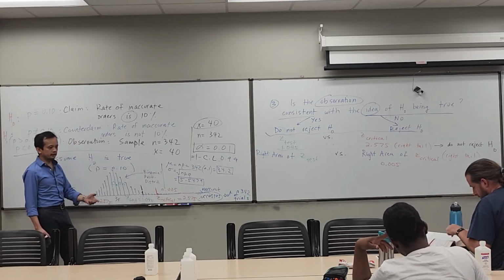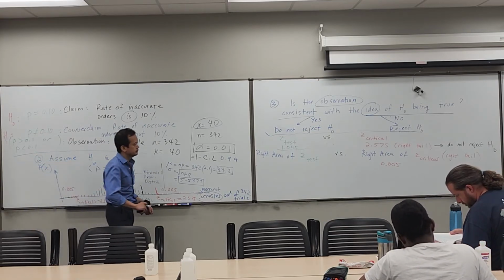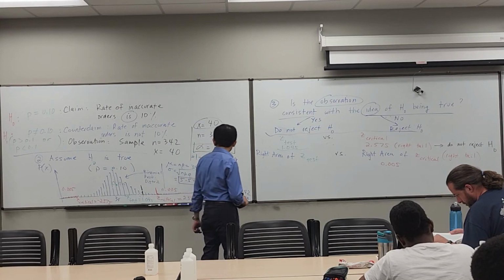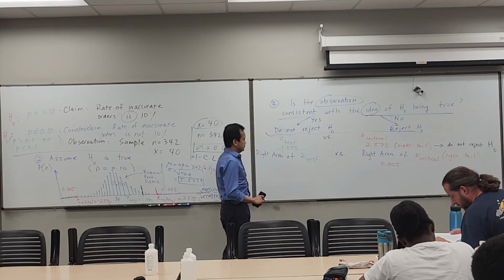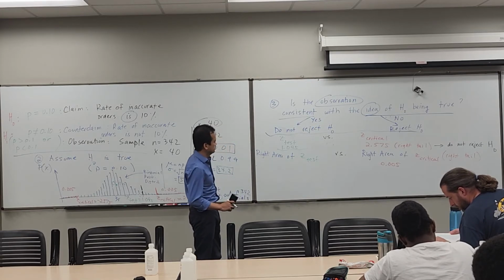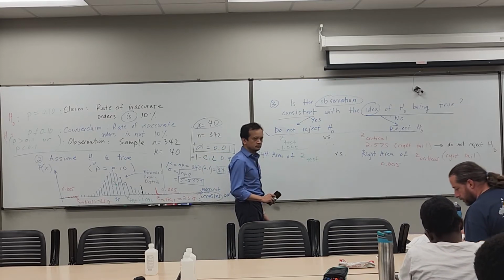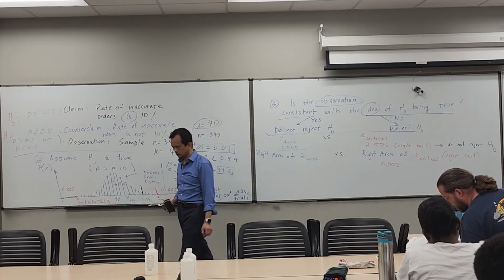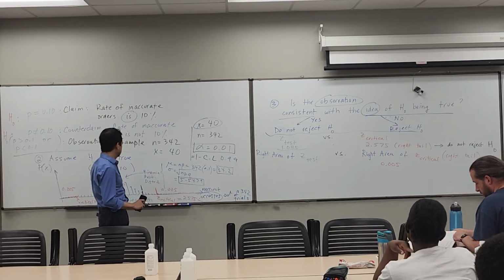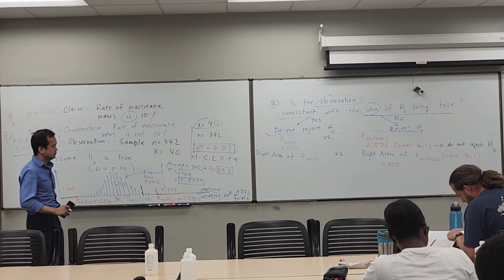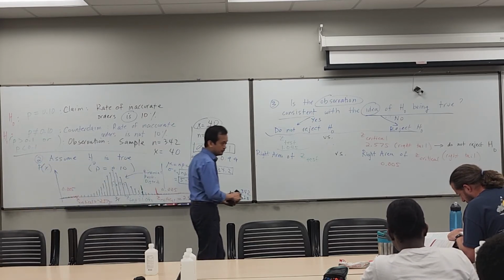Find the left area that the chart gives, and then subtract from 1. So you get 0.1469.